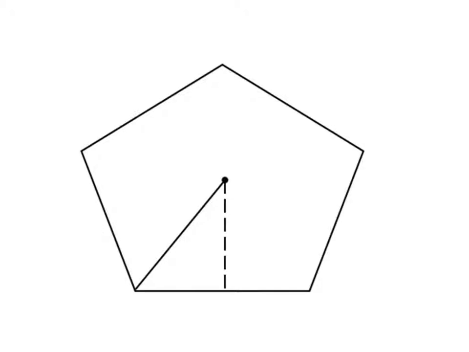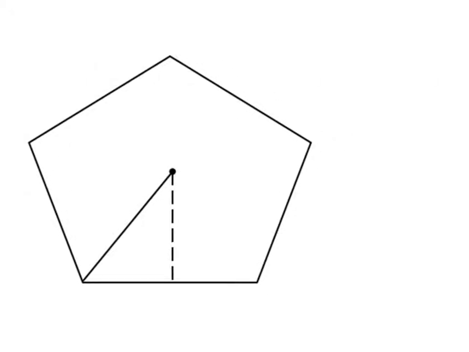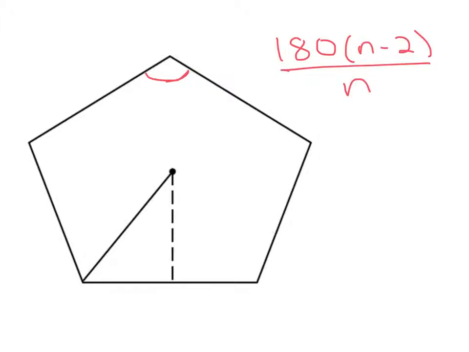If you remember from earlier this year, we can find what each interior angle is by taking a formula, 180 times n minus 2, and then dividing by n, where n is the number of sides of the polygon. If you look here, we have a pentagon, so we have 5 sides.